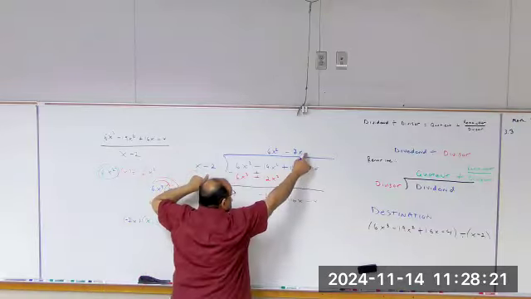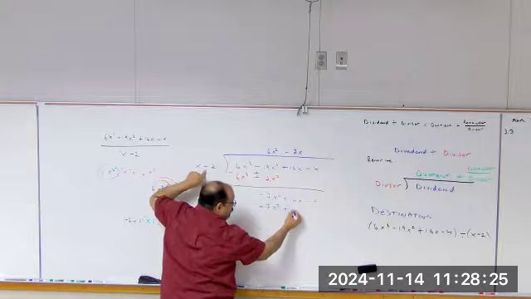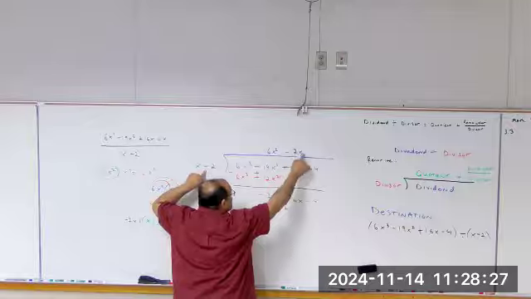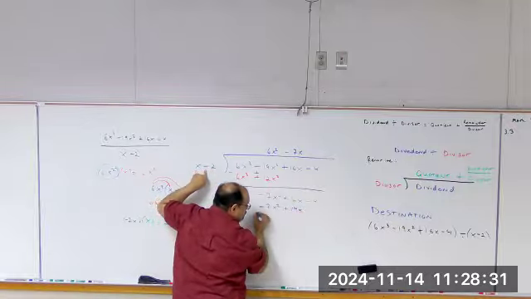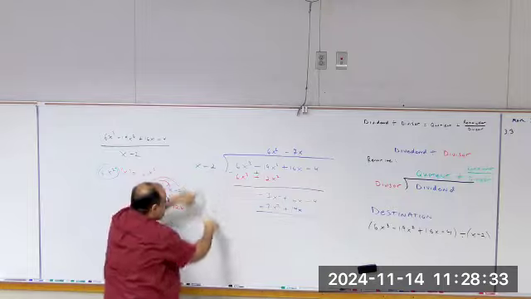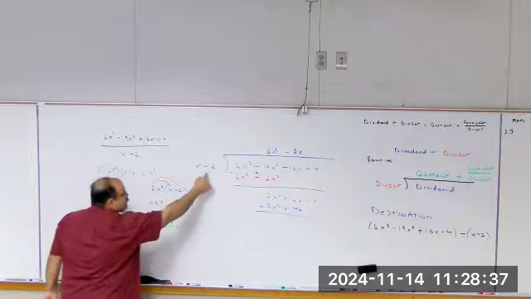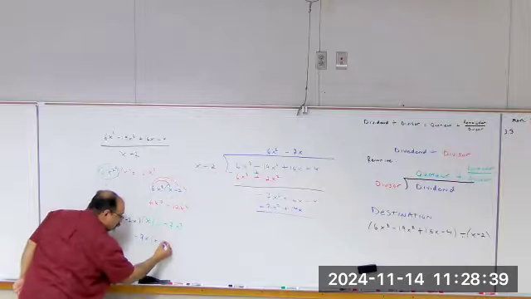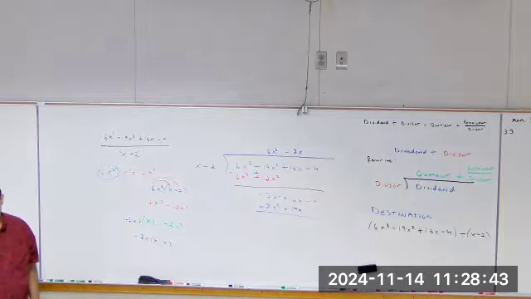Then you have a negative 7x times a negative 2. A negative times a negative would be a positive. 7x times 2 is 14x. So you don't have to write it on the side where you have negative 7x and distribute. You don't have to. But if you need to, please do.